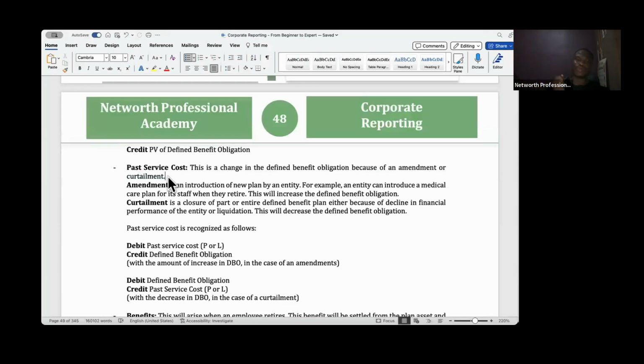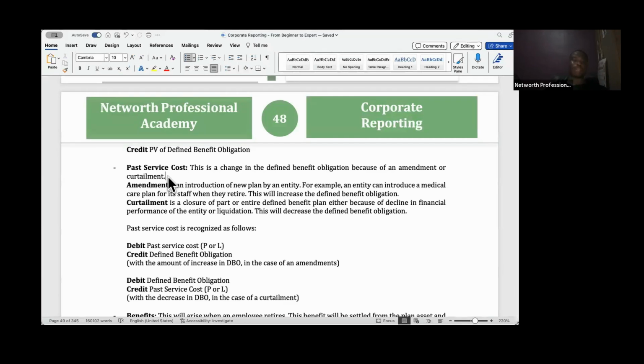An amendment is when an employer introduces a new plan. For example, they say that, okay, we are now going to introduce a medical care plan. So maybe the company is doing well. So they say that, okay, in addition to this contribution I'm making for you guys for your retirement, I want to introduce a medical care plan for you guys in such a way that when you retire, you don't have to pay for medical bills.